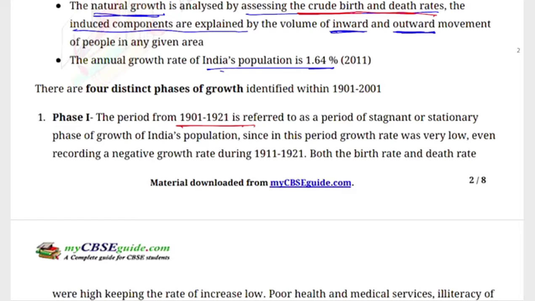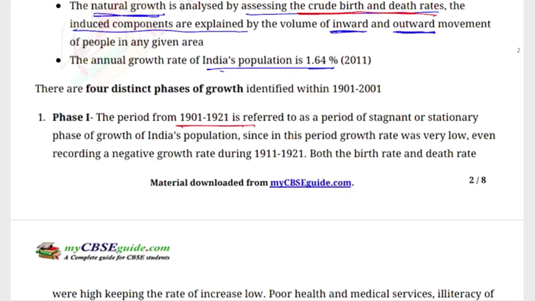And if we talk about the annual growth rate of India's population according to the 2011 census, it was 1.64%. So the growth of the population is increasing, and the number of the population is also increasing.